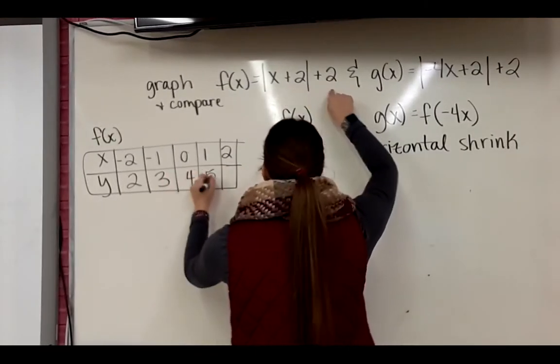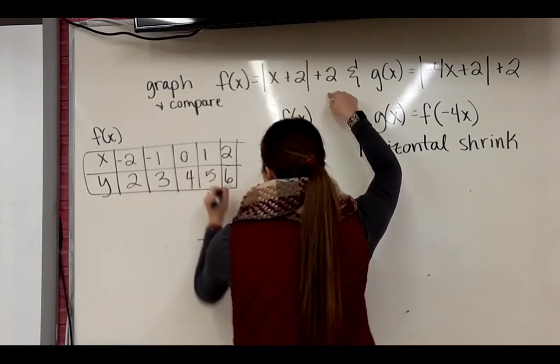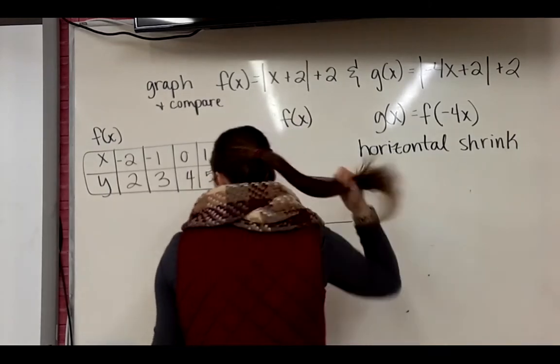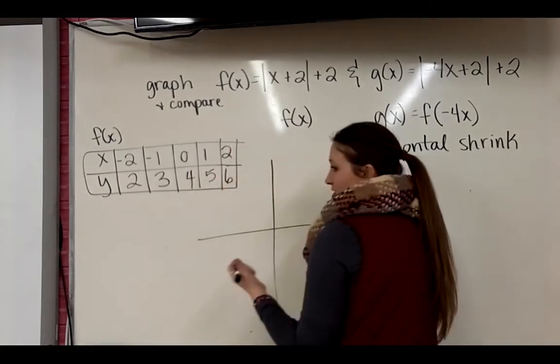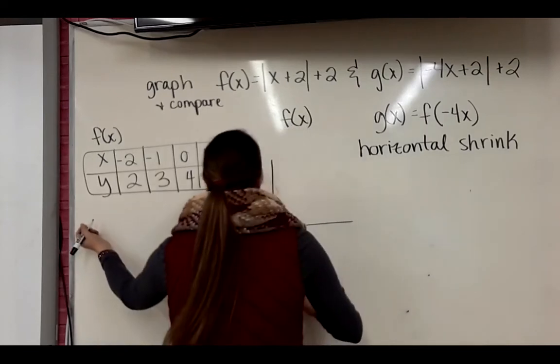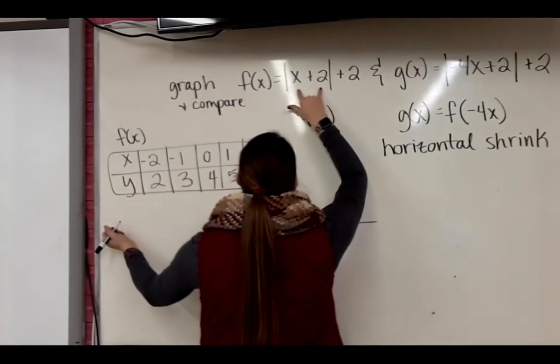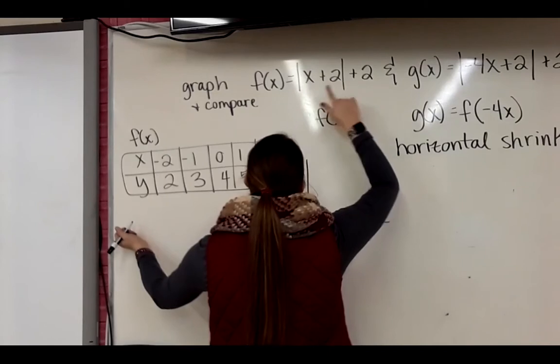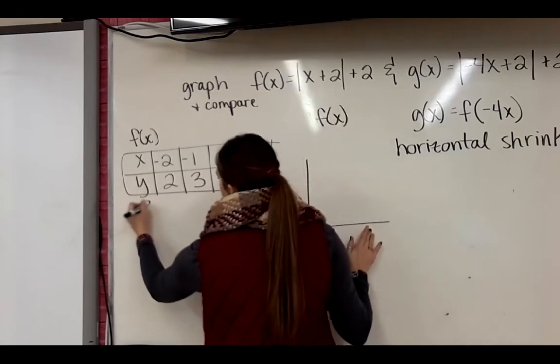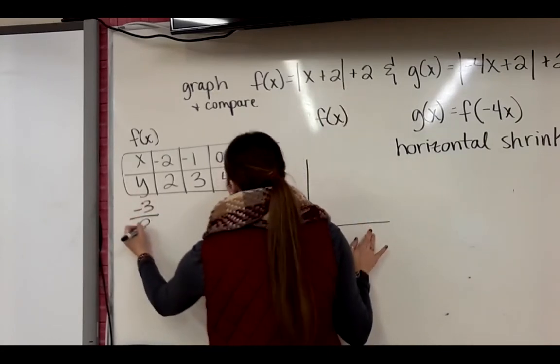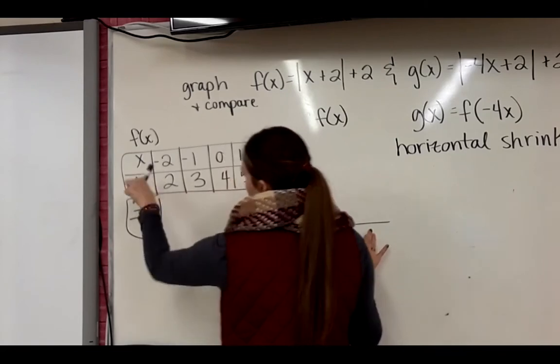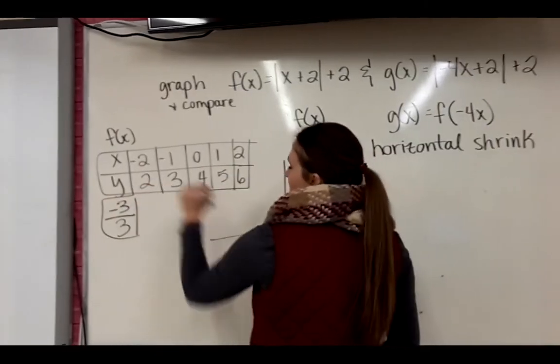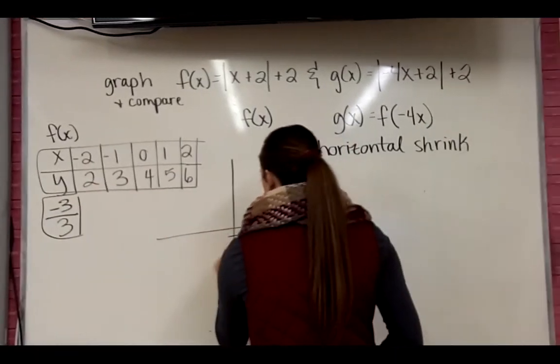I haven't found my vertex yet, so I'm going to extend my table. -3 plus 2 is -1, absolute value 1, plus 2 is 3. So I had it right there. My vertex is at -2, 2.